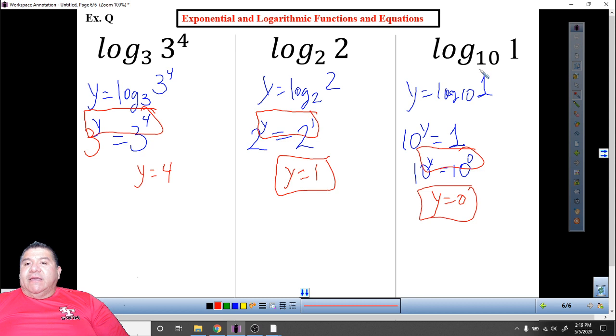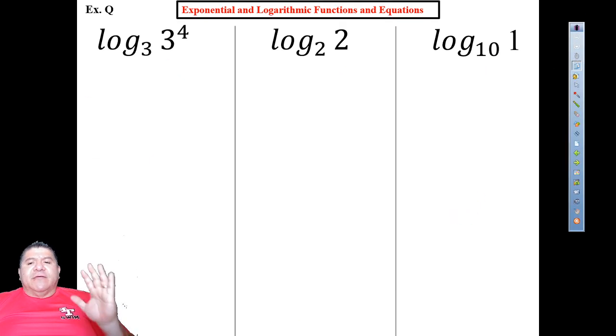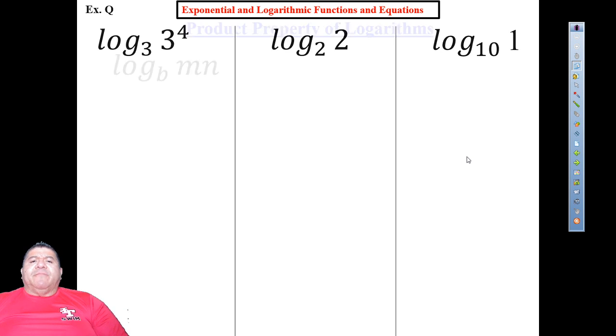If the given number is 1, then the missing exponent will always be 0. It doesn't matter what log it is. Once again, if the given number is 1, then doesn't matter what log it is, the answer will always be 0. All right. So now that we got those definitions out of the way, let's get started with properties today.